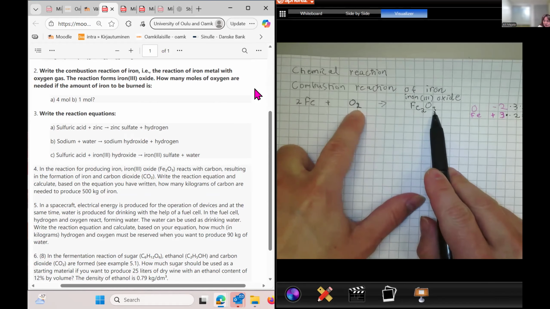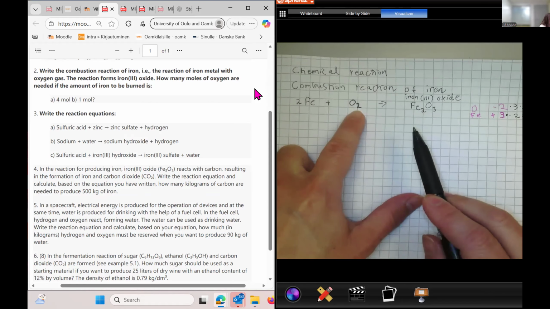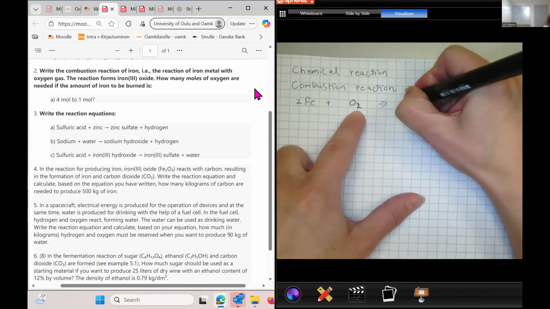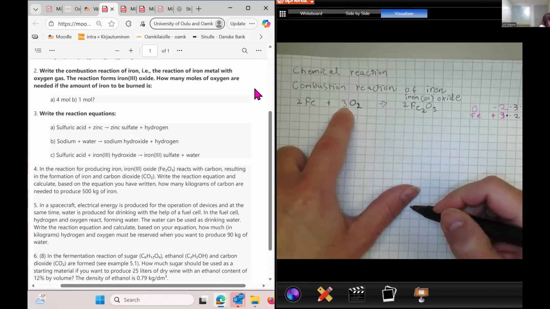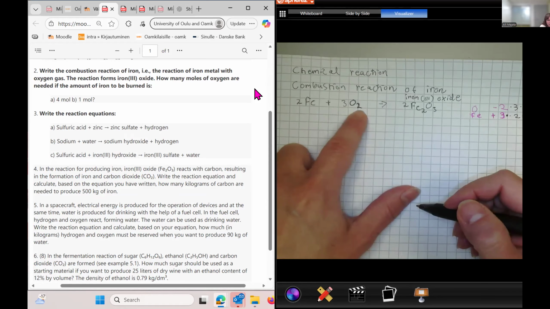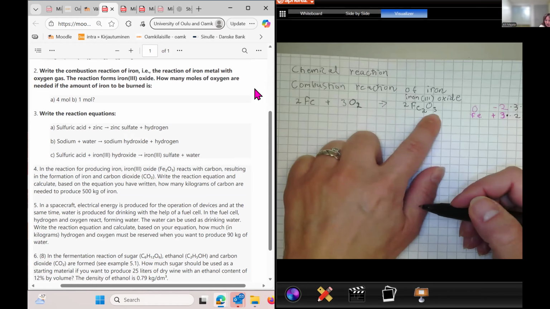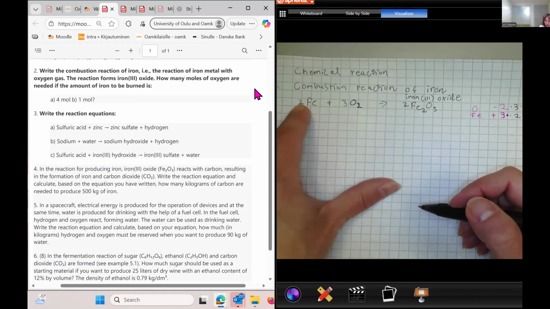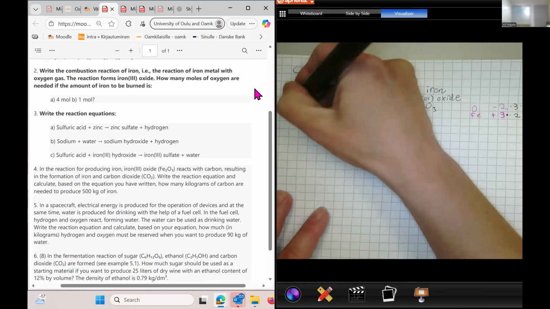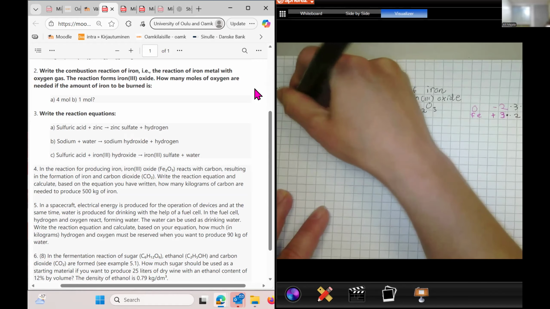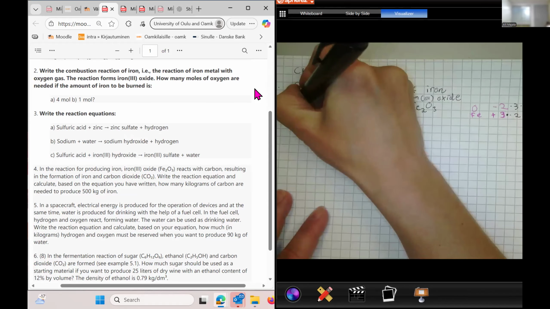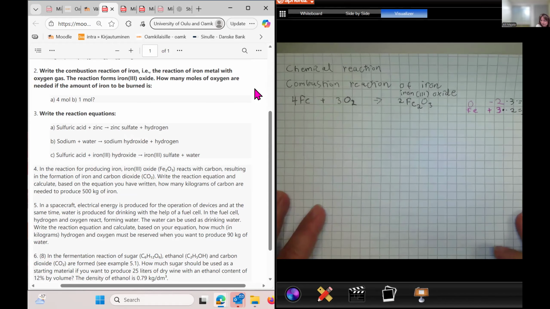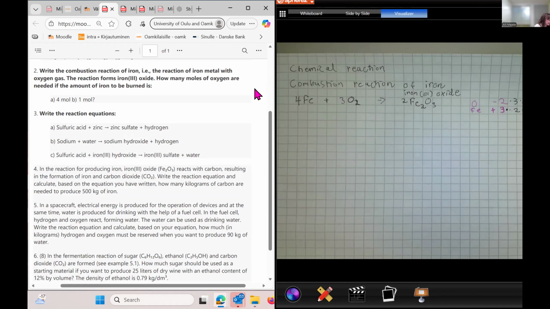So to balance the oxygen, we actually have to put here 2 and here 3, because 3 times 2 is 6 and 2 times 3 is 6. So now it looks like we actually need a number 4 here. Let's put there number 4. And now we have the balanced reaction equation, and we can go to calculating how many moles.